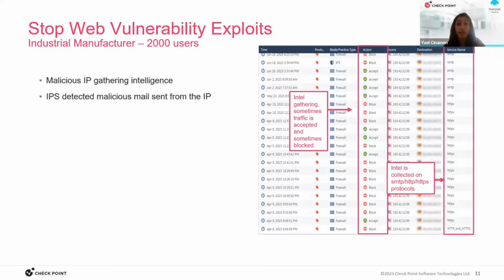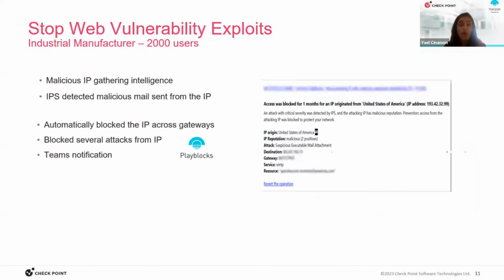So not only in that specific branch, but all the gateways connected all around the world are now protected and enforce the prevention from that specific IP. That automatic block made sure that the organization is now fully protected from that IP, and there's no way to attempt even communication with any other attack vector or anything else from that attacker.